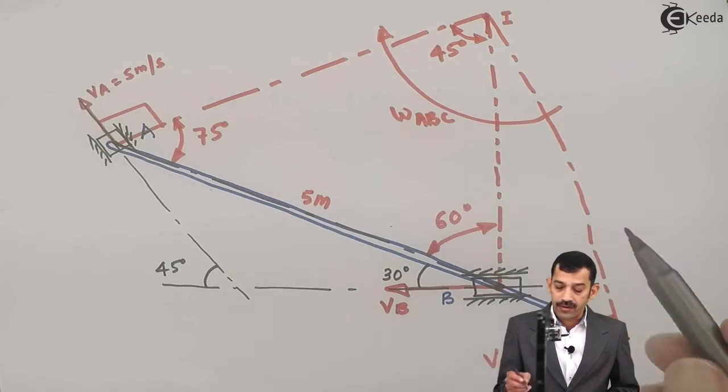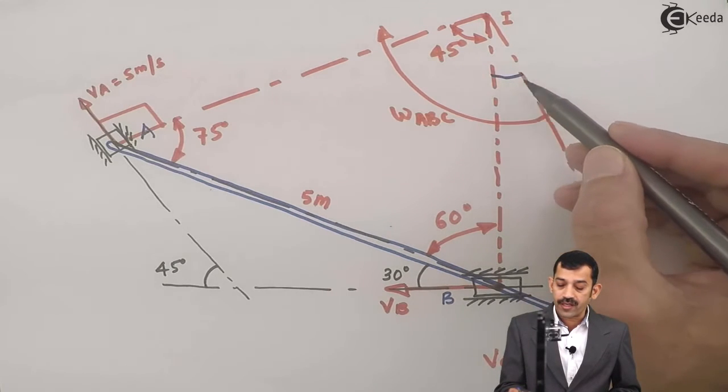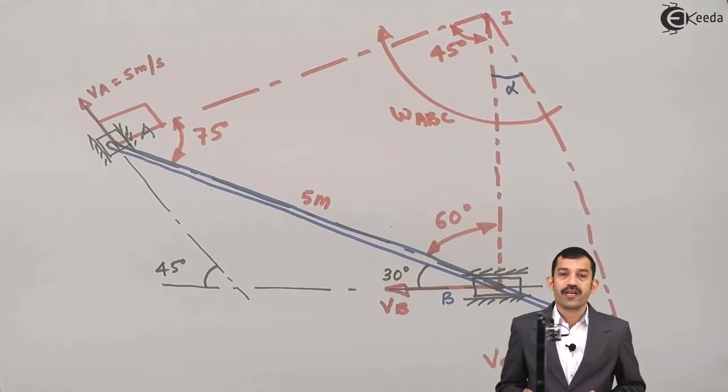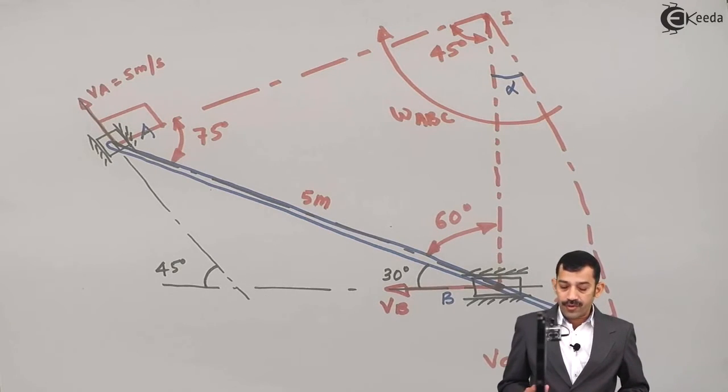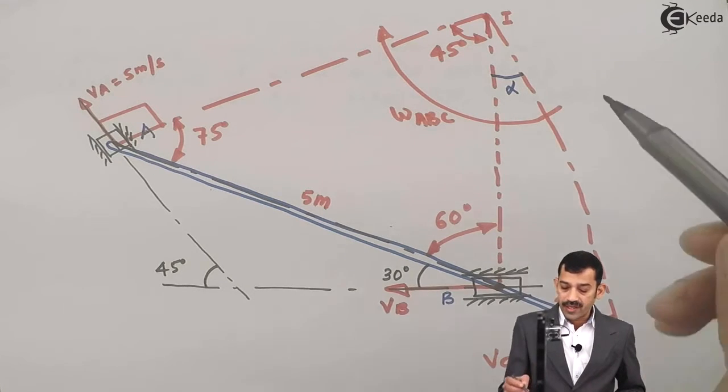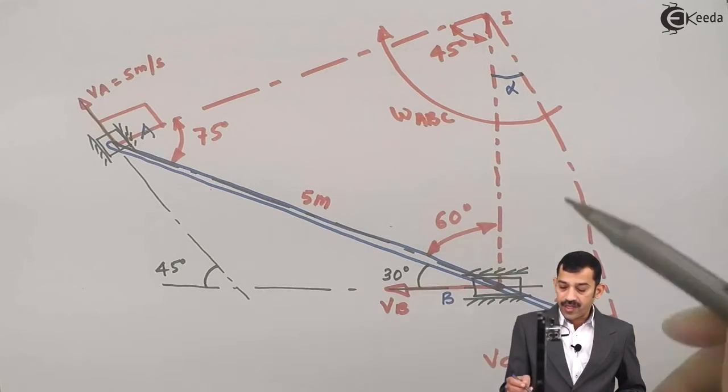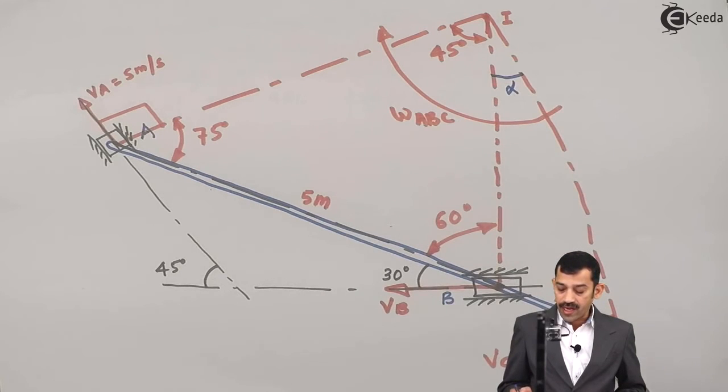Any line is inclined at an angle of say alpha with the horizontal. If we draw a perpendicular to it with the vertical, the angle remains the same. That means angle alpha will be found from triangle IBC. Length IC will be found from triangle IBC. First, IA and IB from triangle IAB, applying the sine rule. Next, in triangle IBC, IC is possible, as you know BC and IB lengths.